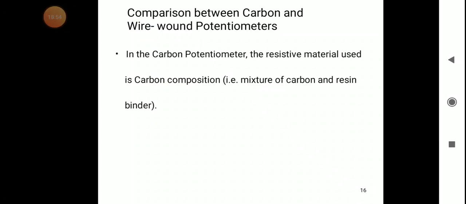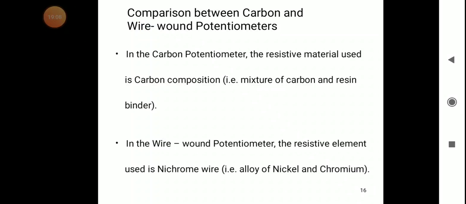In the carbon potentiometers, the resistive material used is carbon composition, that is a mixture of carbon and resin binder. In the wire wound potentiometer, the resistive element used is nichrome wire, that is an alloy of nickel and chromium.